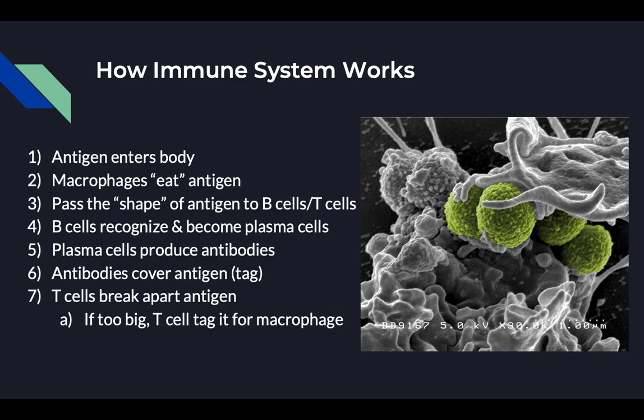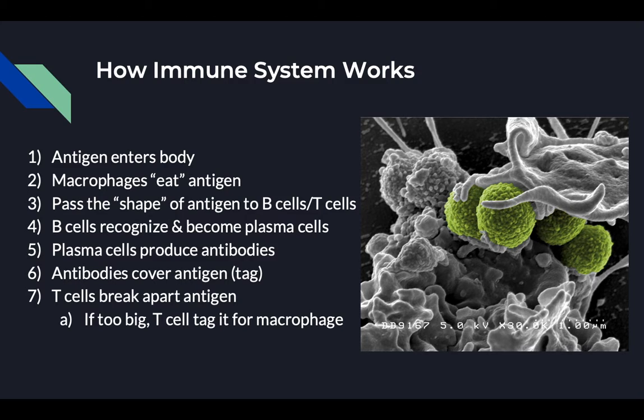And what the B cells will then do is be like, cool, I got the shape. It becomes a plasma cell, and then the plasma cell produces antibodies. The antibodies then go out and will tag the antigen. They are very specifically made with that shape in mind, and they will fit like a lock and key into that shape. And so they'll attach onto the antigen.